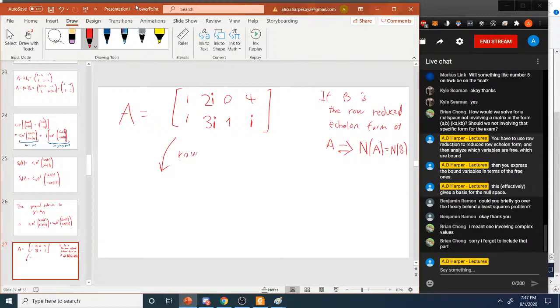So we set row 2 to be equal to row 2 minus row 1, in which case we're going to get 1, 2i, 0, 4, and then 0, i, 1, and then i minus 4.